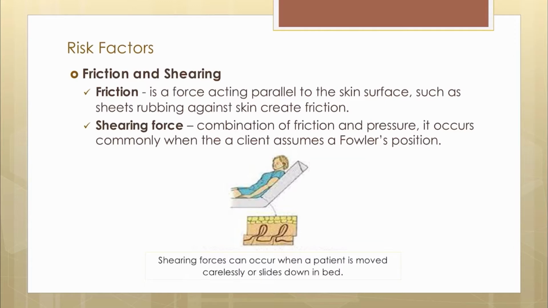So let's move to the second one, which is the shearing force. Combination of friction and pressure, it occurs commonly when the client assumes a Fowler's position. In this position, the body tends to slide downward toward the foot of the bed. This downward movement is transmitted to the sacral bone and deep tissues.